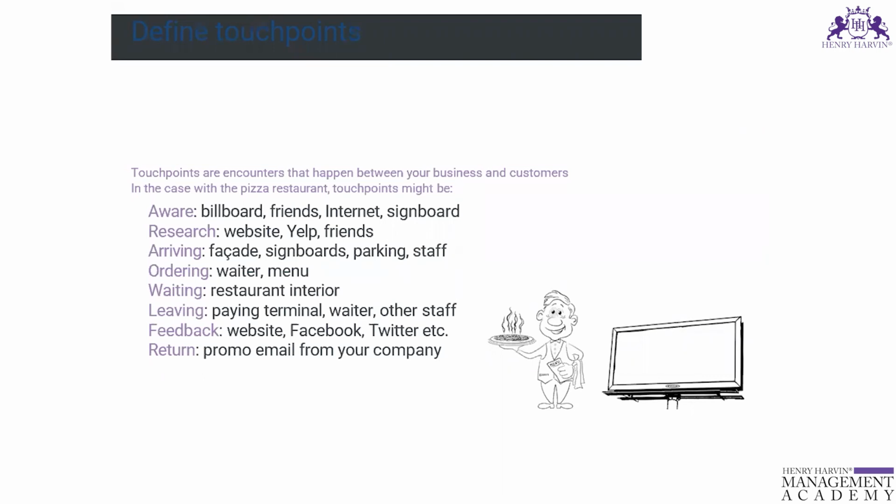So the behavior also matters. Feedback: how do you submit it? Is there a proper survey form, or a facility on the website, or do you go to the Facebook page of the pizza restaurant and submit it? Return: sometimes they want to attract customers again, so they may trigger some kind of promotions.